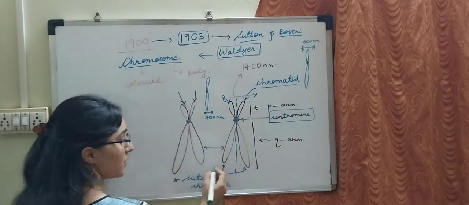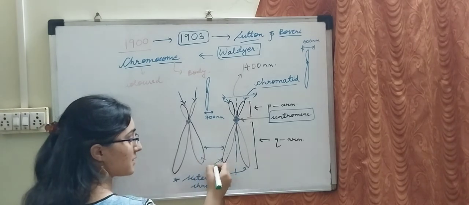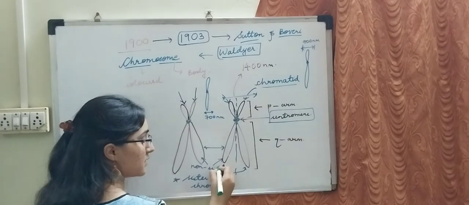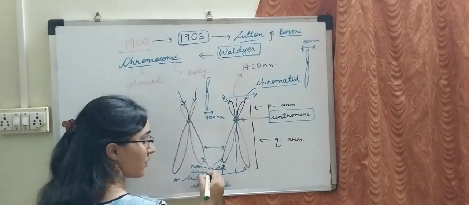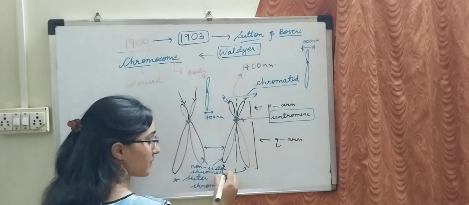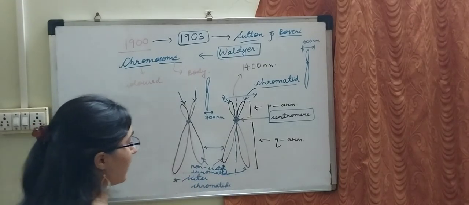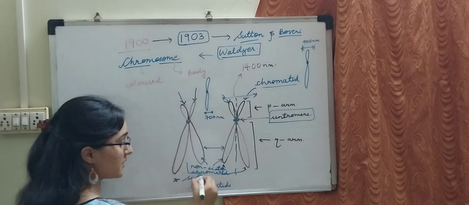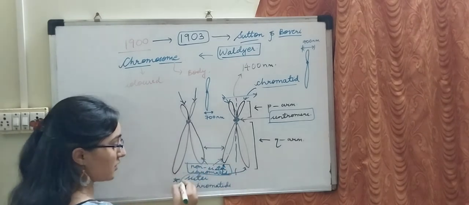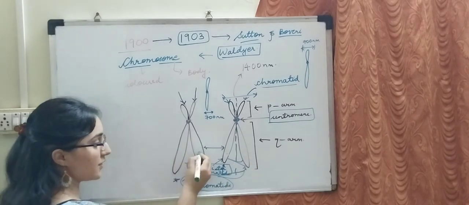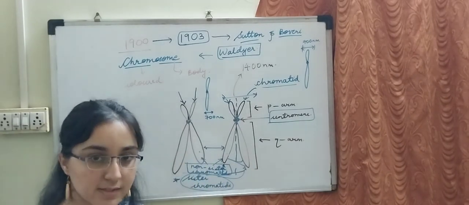So this and this, we say it as non-sister chromatids. So the two words are different, with different meanings. Sister chromatids is for these two. Understood what is sister chromatid?